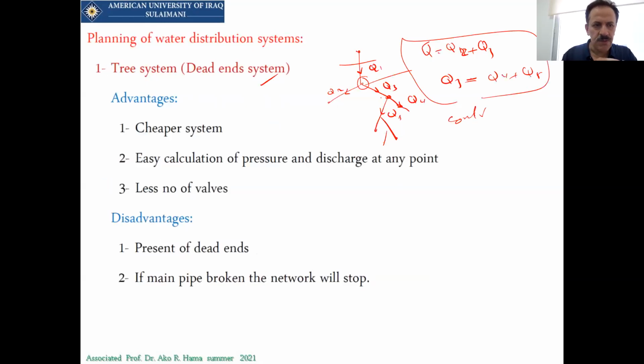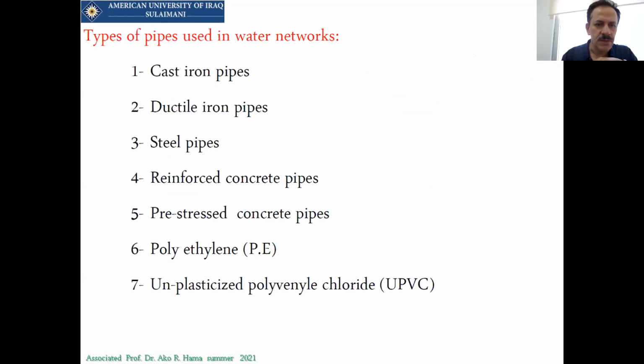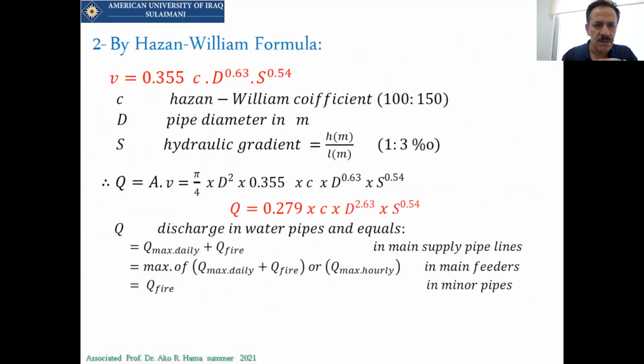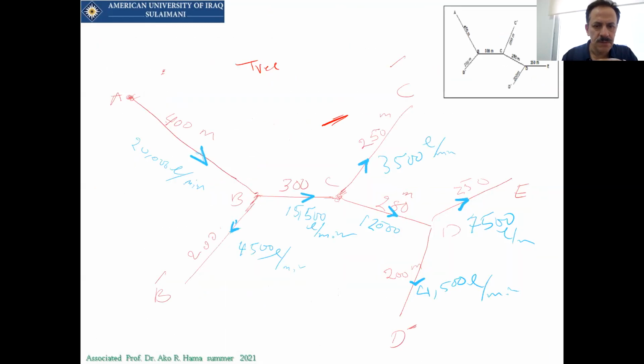Now, this was one of the systems that we mentioned, and the method that we are using to analyze this kind of system is, first of all, we will have the Q for this pipe, which was 220,000 liters per minute.